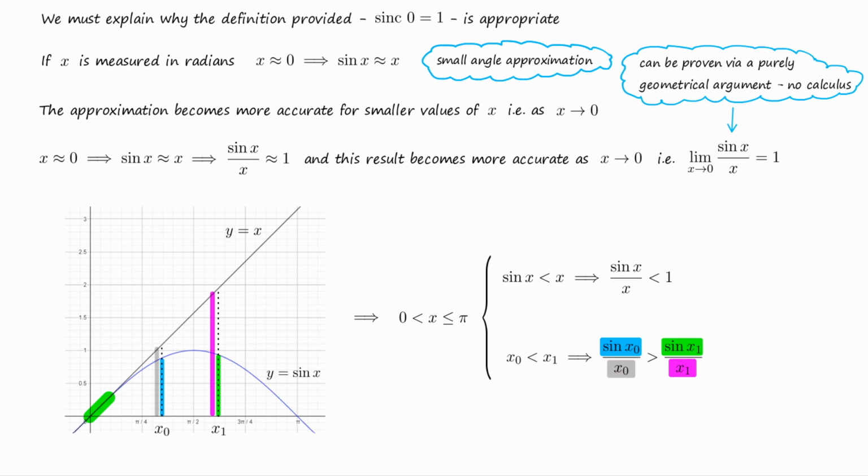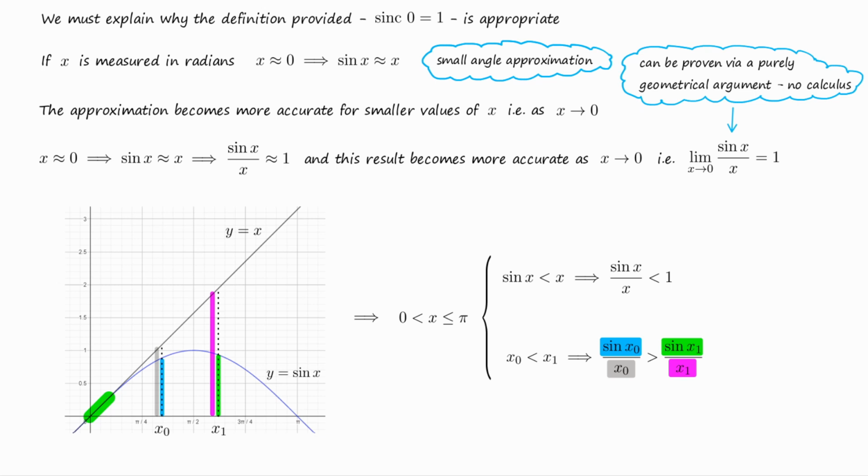And we can see that the ratio of the blue line to the grey line is greater than the ratio of the green line to the purple line. So for these two values of x sub 0 and x sub 1, the stated result is true.